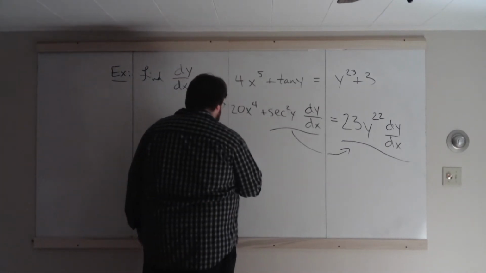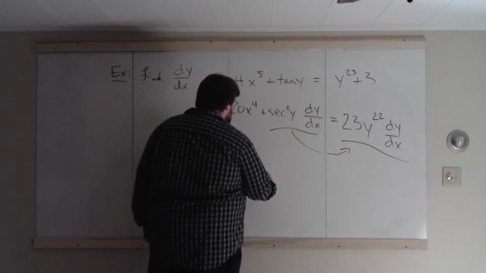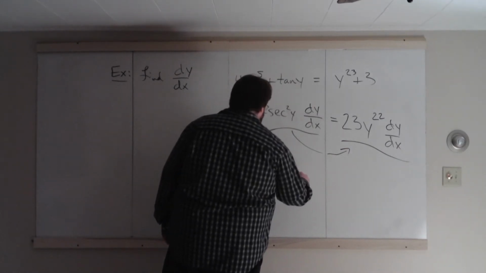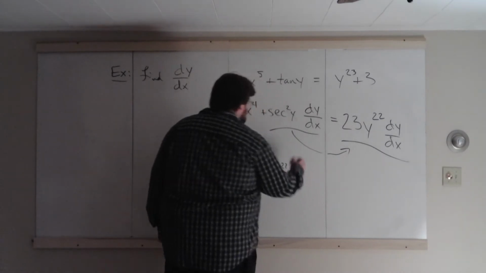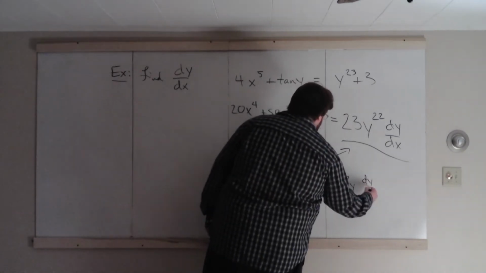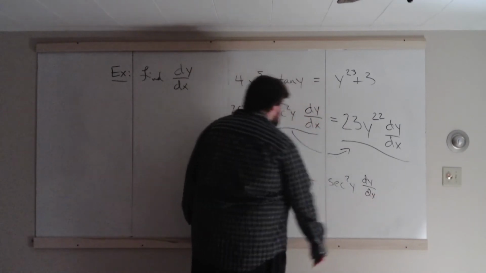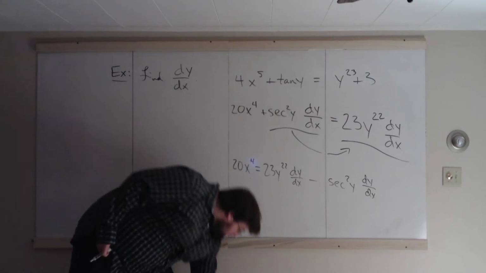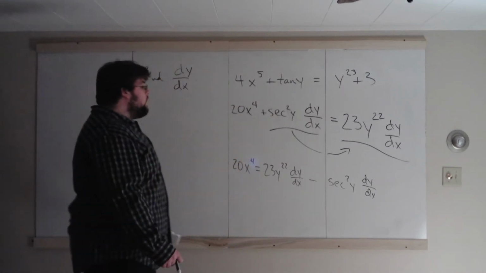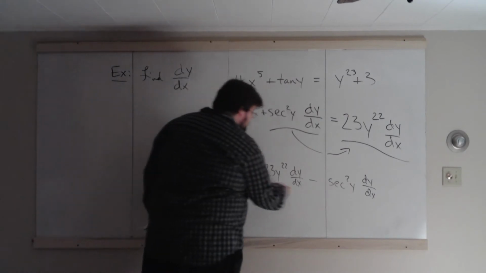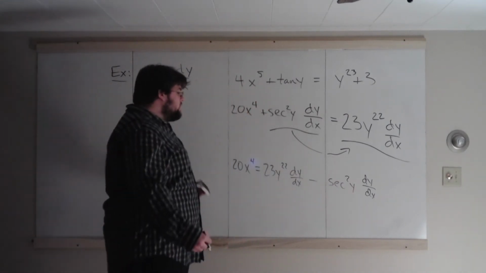So 20x to the fourth is on the left, let's leave it there, equals 23y to the 22nd dy dx minus secant squared of y dy dx. So all we're doing is moving things with dy dx to the right side and moving things without dy dx to the left side. Well, now, both of these terms have a dy dx.